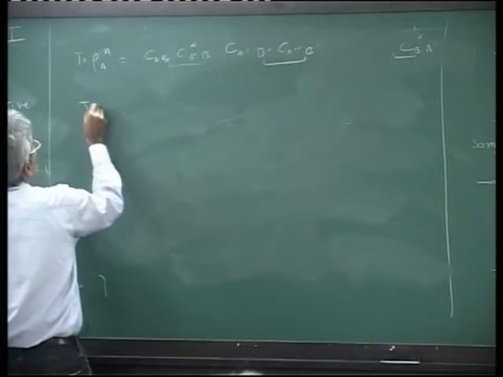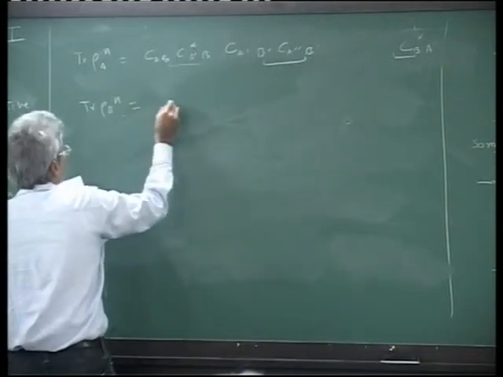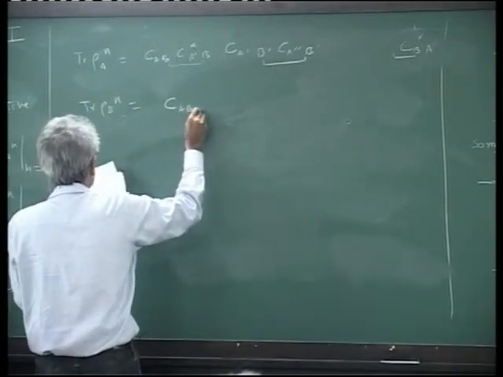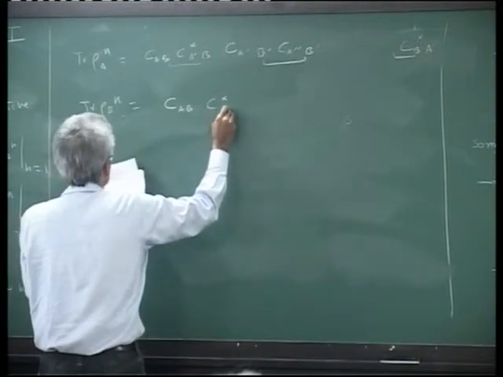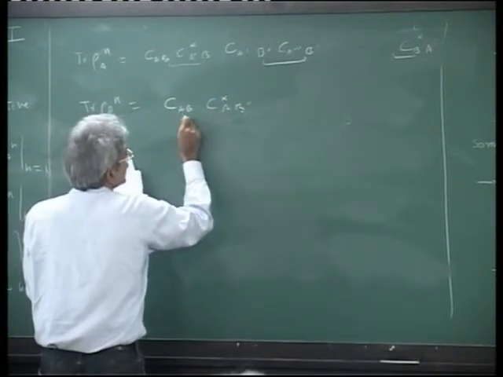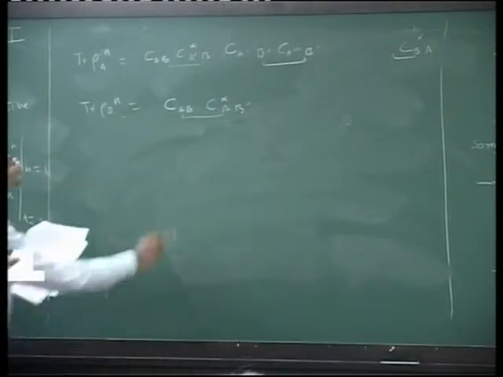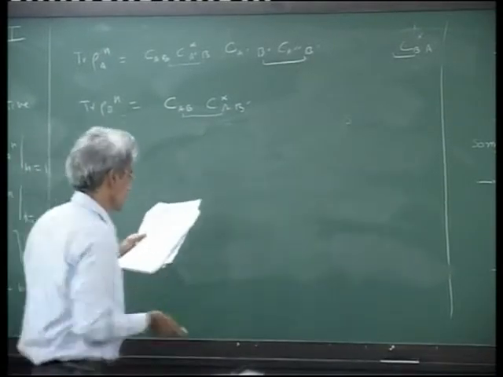Similarly, trace of rho B to the n is C A B, C star A B prime. So now A is summed over, okay, and B, B prime are matrix multiplications.